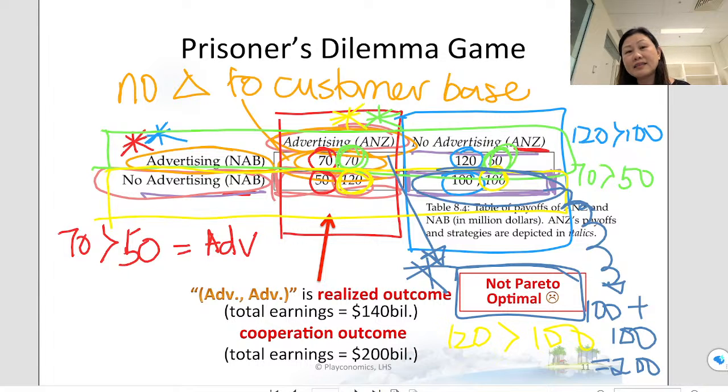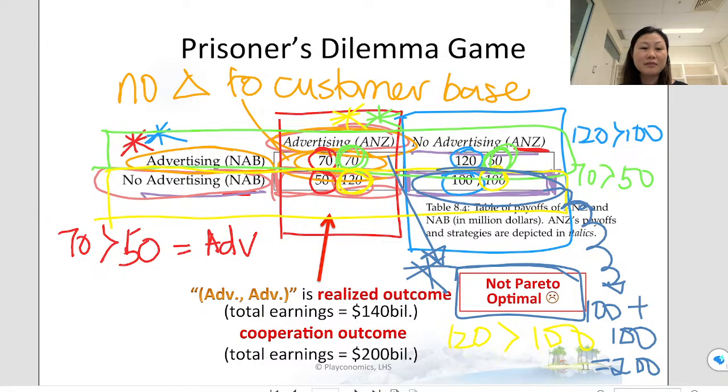The answer is no. Not advertising would have been better in this case because they would have saved the advertising cost. They could have coordinated to not advertise at all and save the money and have the same impact.